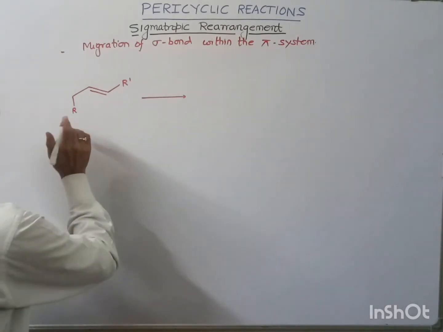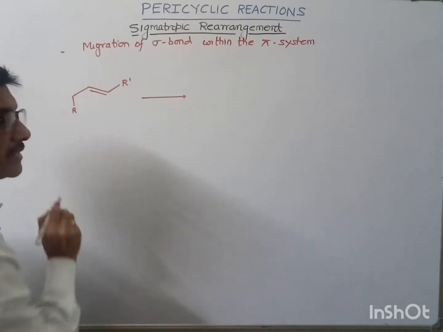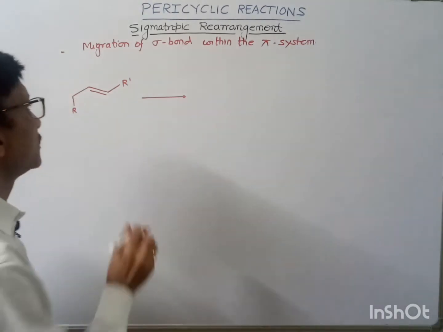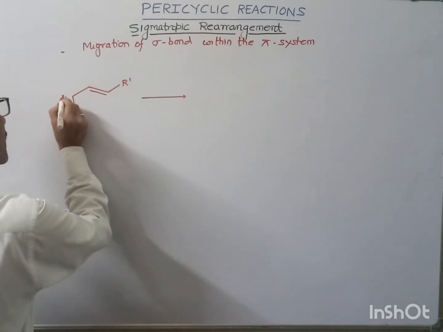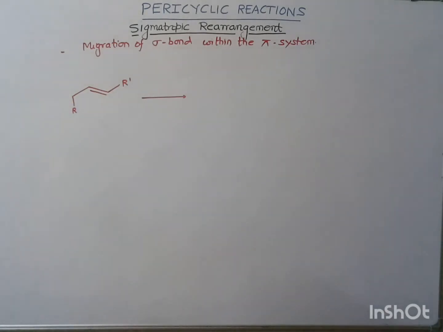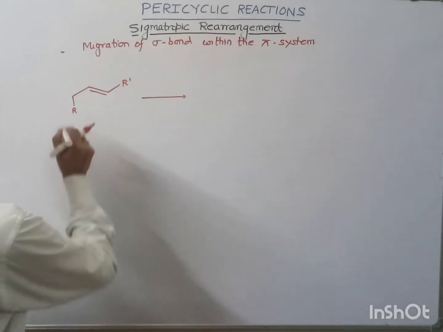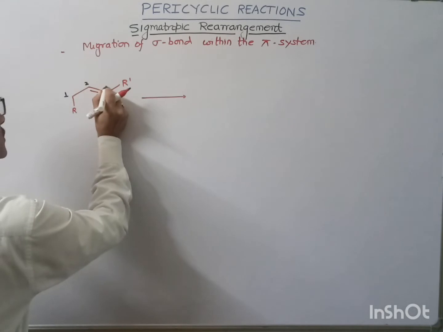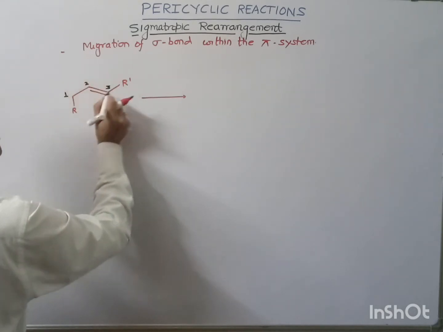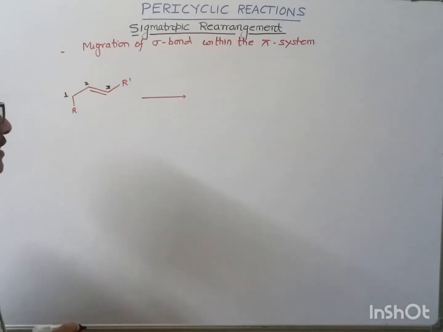So the numbering: the allylic carbon should always be given number 1. If this is the allylic system, the allylic carbon should be given number 1. So here this is your allylic carbon, this is given number 1, this is 2, and this is 3. So this is your allylic chain or alkyl chain.